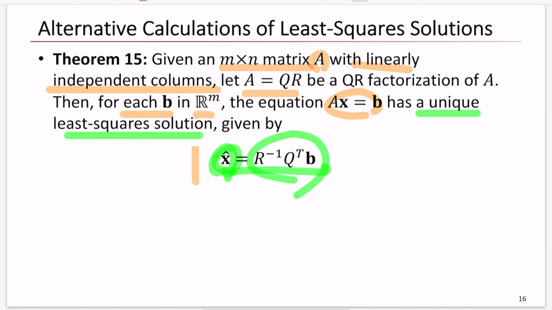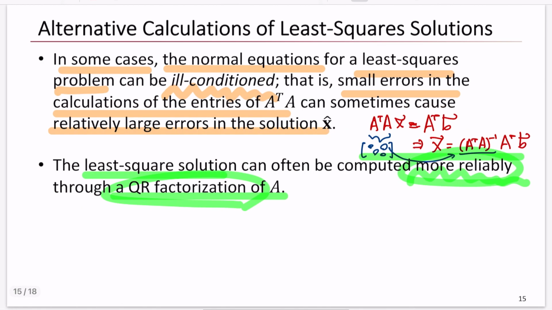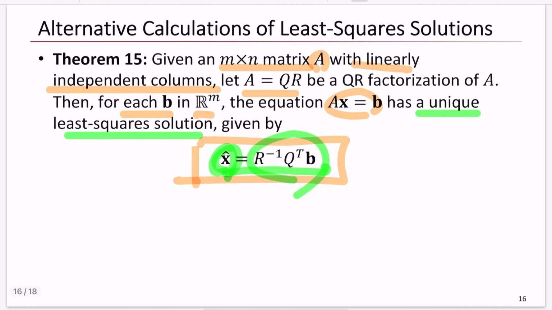Anyway, from now on, if your matrix A can be factorized into QR, you can compute your least square solution more effectively and reliably. Why? Compared to A transpose A, which may contain some error, R also has an inverse, but as we discussed in QR factorization, R has some very good properties.